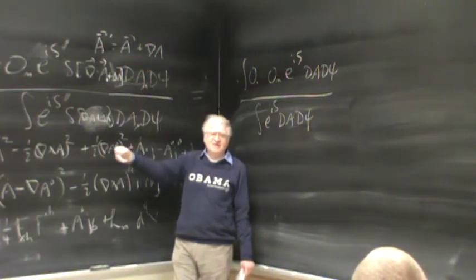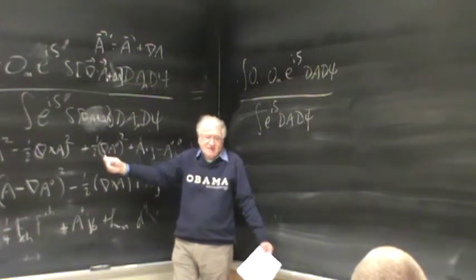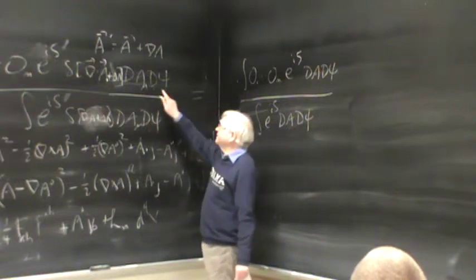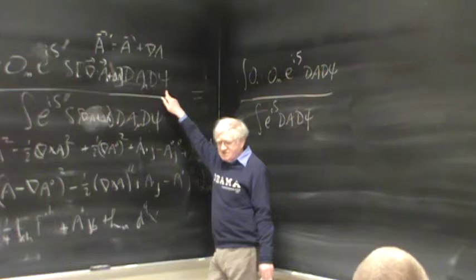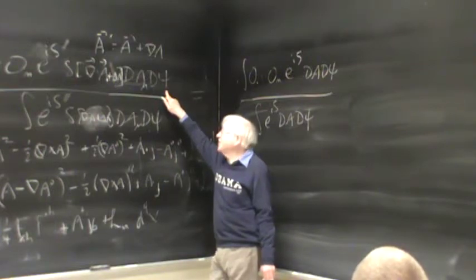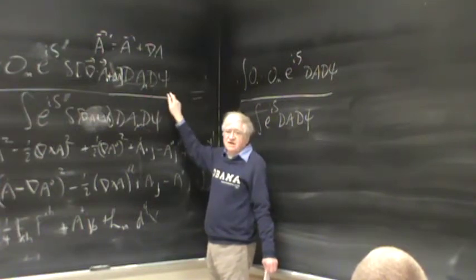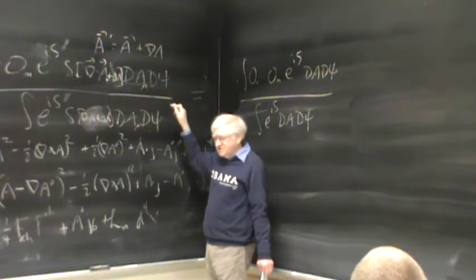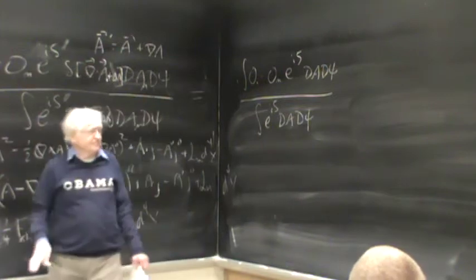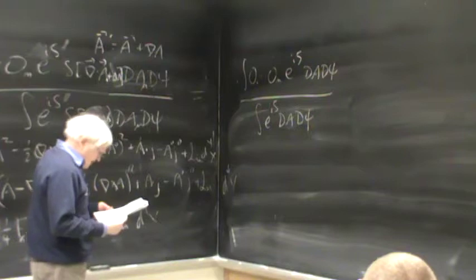You integrate over all gauge fields, then you make a gauge transformation, you still integrate over all gauge fields, so it's bound to be gauge invariant. There is actually a subtlety, though, which was pointed out by two Japanese physicists about 30 years ago, namely that the matter fields here don't necessarily have a gauge invariant measure, and that leads to something, but I'm not going to go into that now.